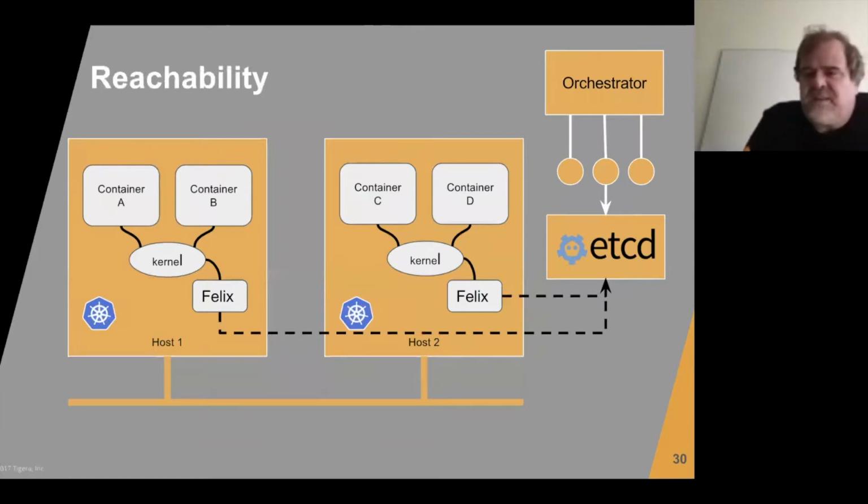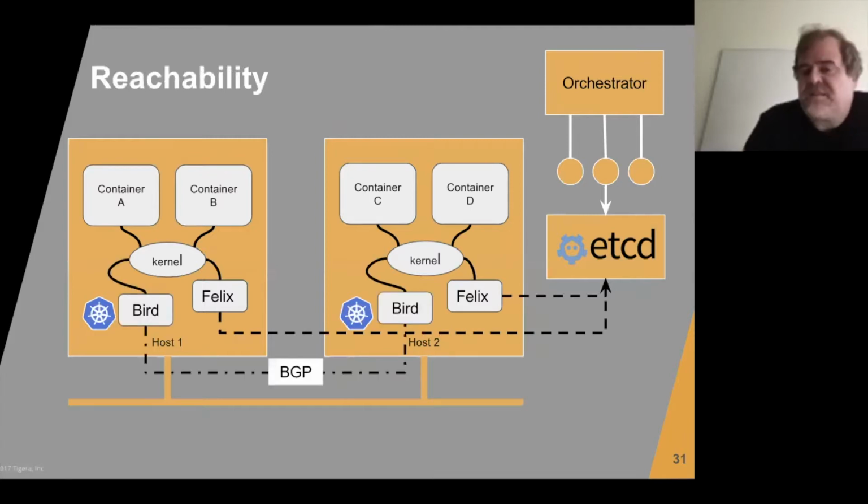And Felix takes information in etcd, saying container C and container D have these addresses assigned to them. They're on host 2. Container A and container B have these addresses assigned to them. They're on host 1. And Felix programs the Linux kernel in order to turn the host into a router for container A and B and container C and D.